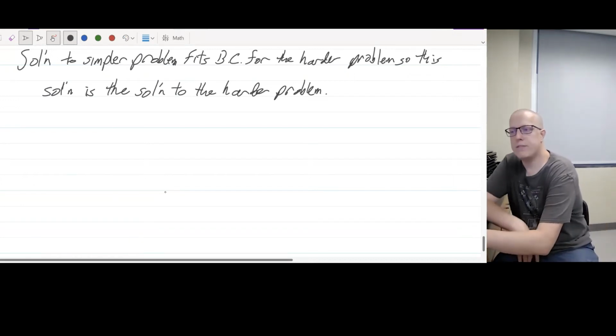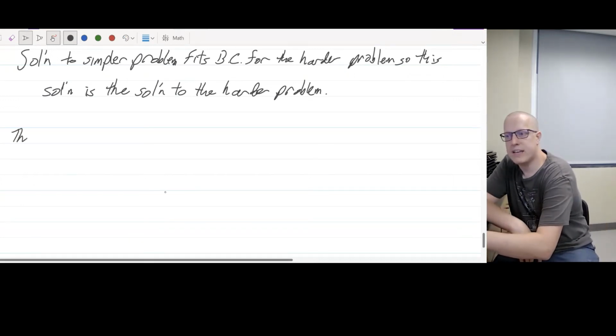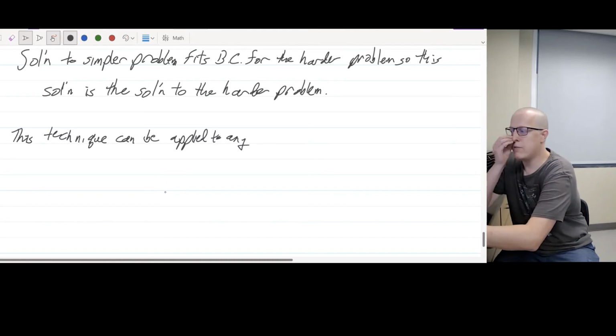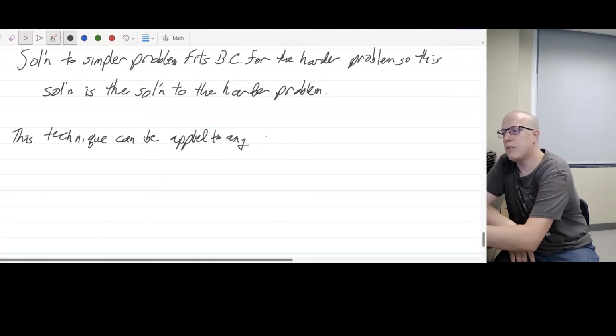And so this technique can be applied to any grounded conductor, grounded conducting plane.